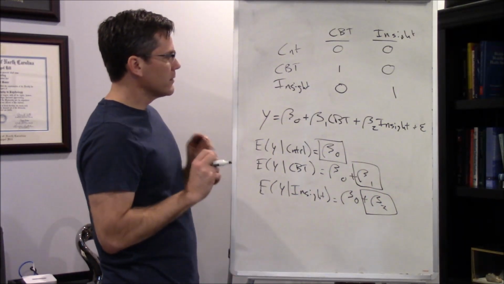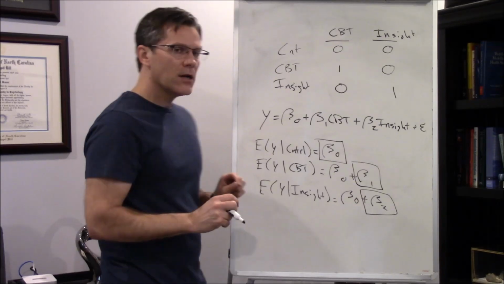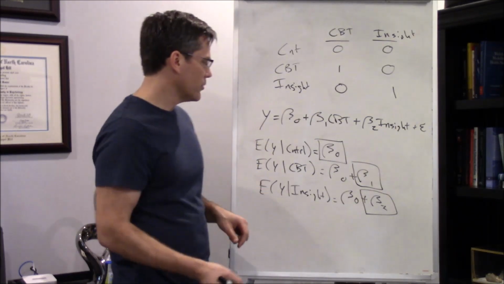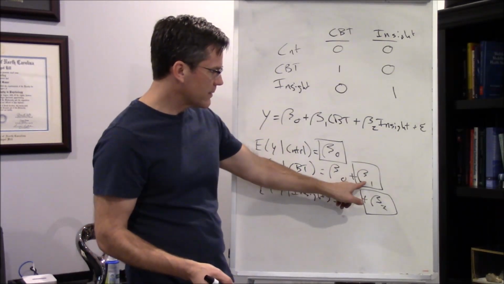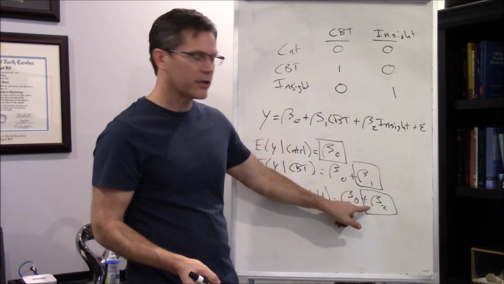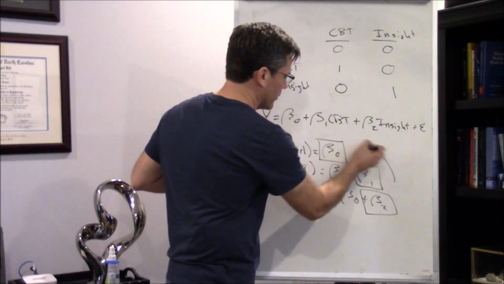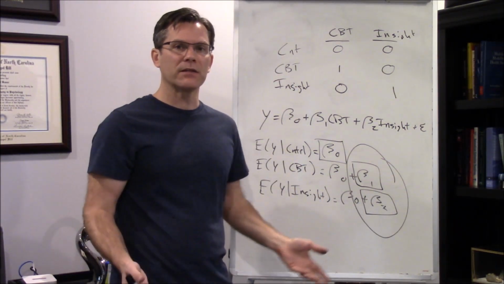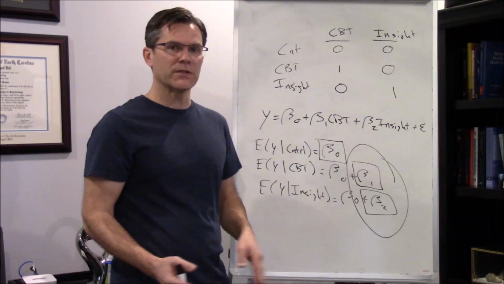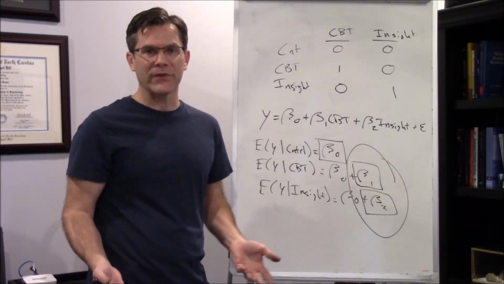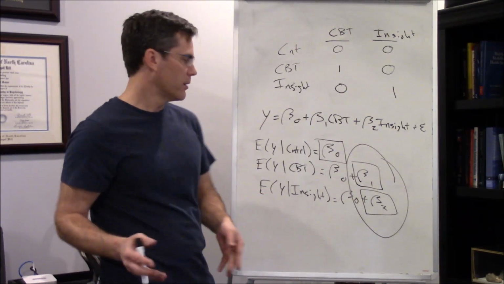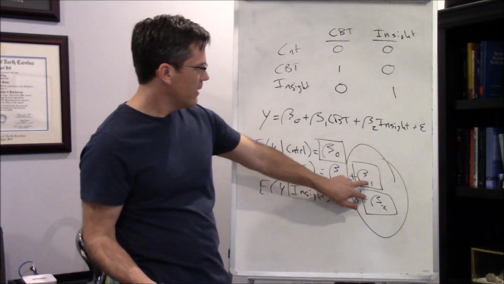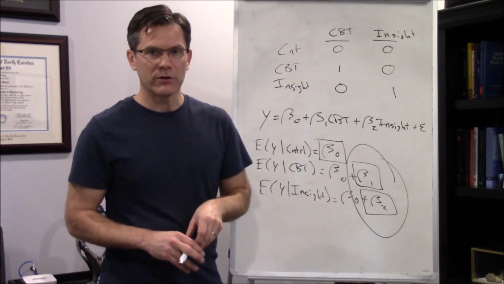What's a little bit different here is that if we want to know the overall effect of treatment group, we don't want to test beta 1 and beta 2 individually, we want to test them together. We want to test both of those to see whether there are any mean differences at all between our 3 groups. That would be equivalent to our main effect in a one-way ANOVA model. It's a multi-degree of freedom test because we have 2 parameters involved.